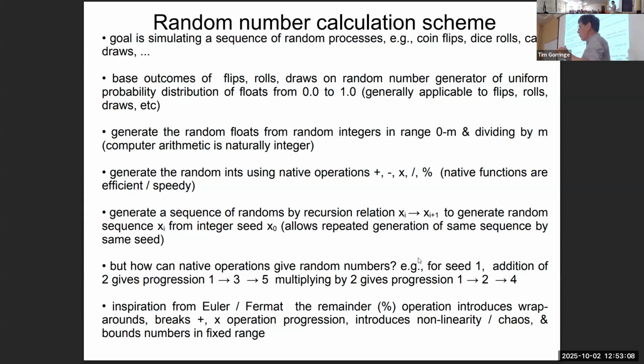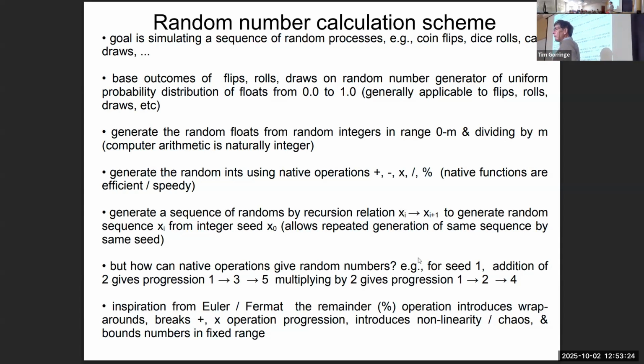So whatever our equation is, whatever our formula is, whatever our recipe is, we're just going to repeat it and repeat it and repeat it, using the last random number to calculate the next random number. So that's basically going to be the scheme for calculating sequences of random numbers.